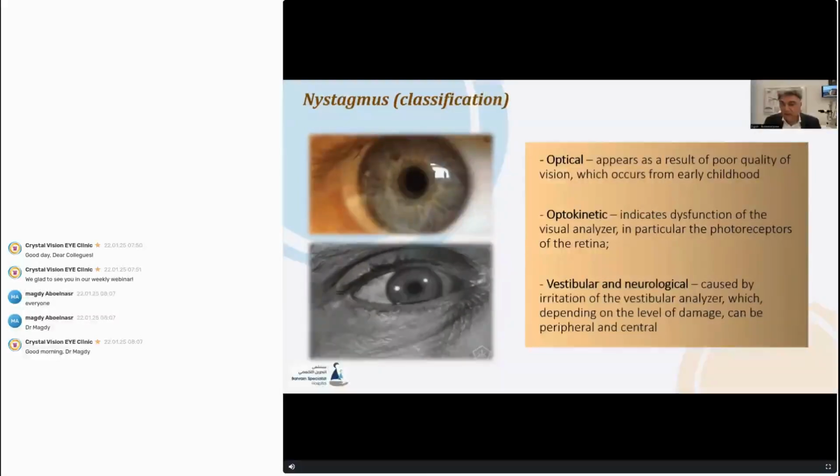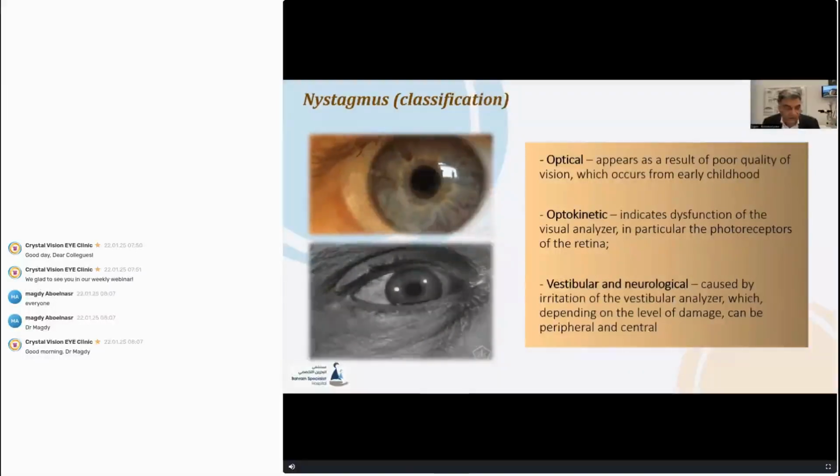Optical nystagmus, also called fixation nystagmus, occurs as a result of poor vision quality from early childhood, more precisely from the moment of birth. Optokinetic nystagmus indicates a dysfunction of the visual analyzer, particularly the photoreceptors in the retina. And vestibular nystagmus is caused by irritation of the vestibular analyzer.